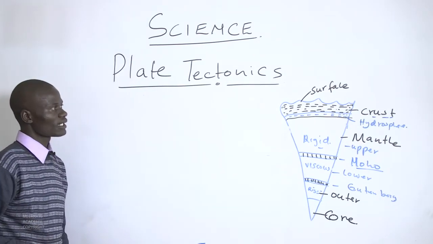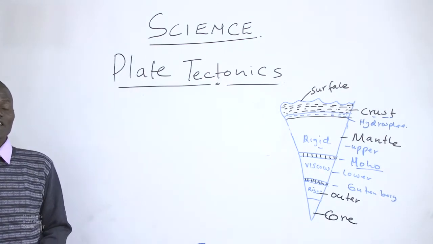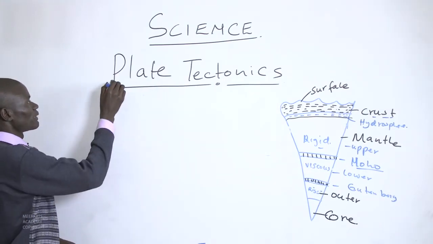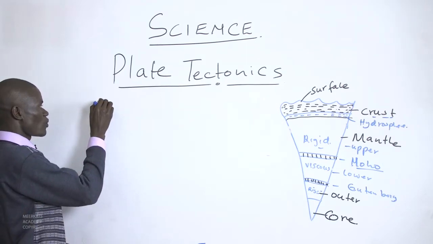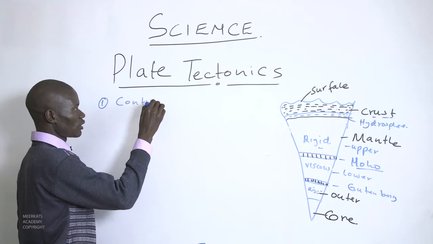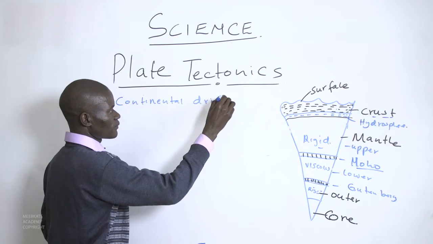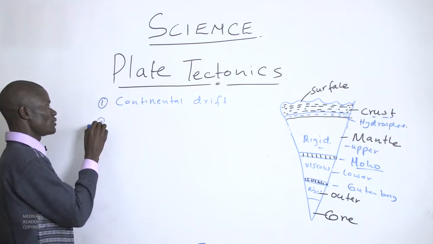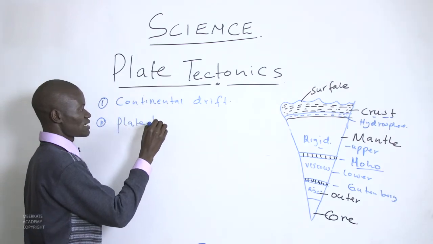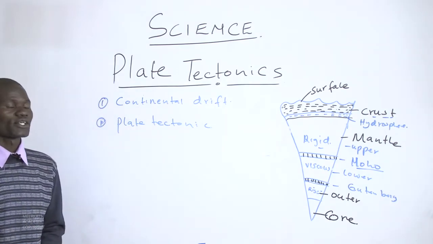Then we are going to look into plate tectonics. There are two theories that try to explain it. One theory is referred to as continental drift, and the other is the plate tectonic theory.